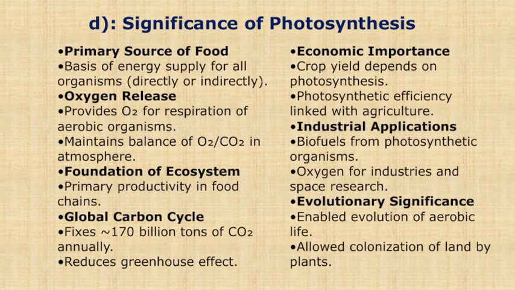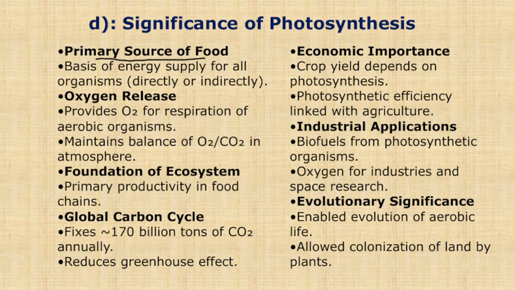Now a little bit about the significance: why photosynthesis is significant, not only for us, but for all living organisms to survive, because photosynthetic organisms are the primary producers. They are providing energy for all the living organisms. This is the primary source of food for all living organisms.